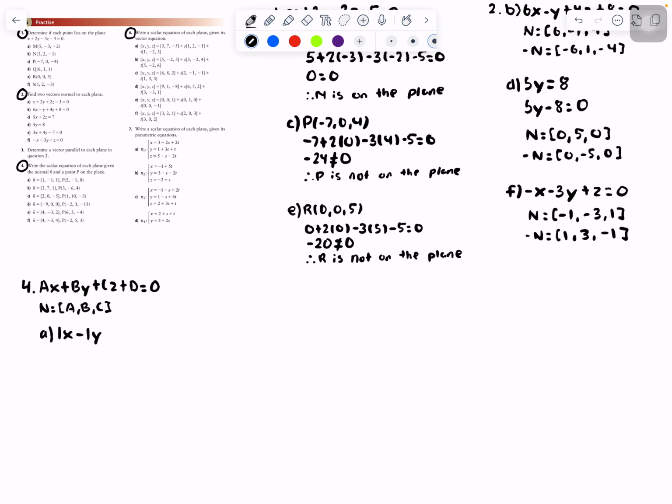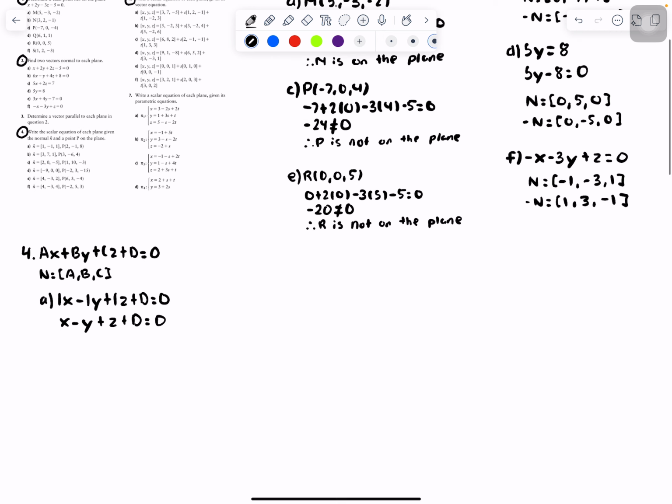Plus 1z, okay, plus d equals 0. And now we have to find d, but let's just make this look nicer. x minus y plus z plus d equals 0.